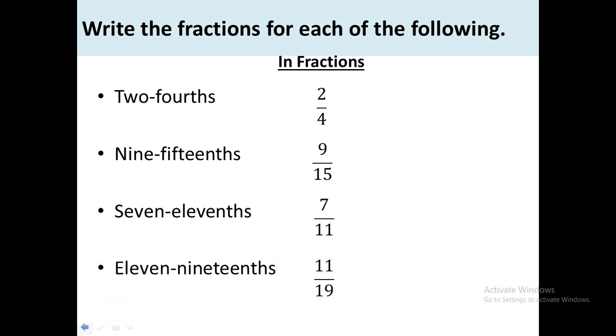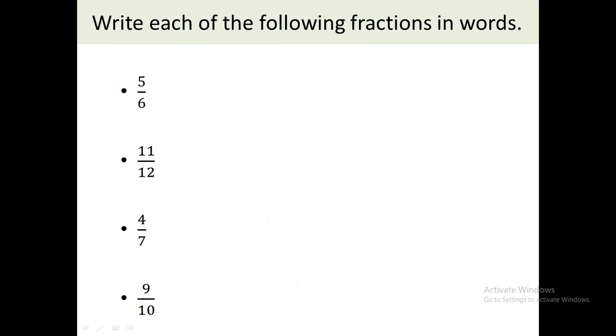Right? Now let's proceed. Write each of the following fractions in words. Now these fractions are in figure. Now we need to write them in word form. Okay. So 5 by 6. I have already told you that the upper part is part of the whole. Now we will write the cardinal form of the upper part, 5.